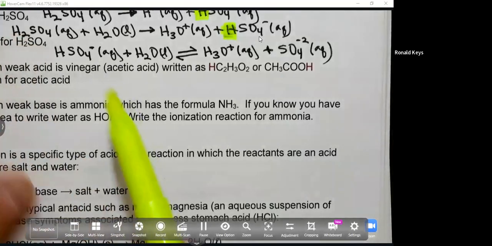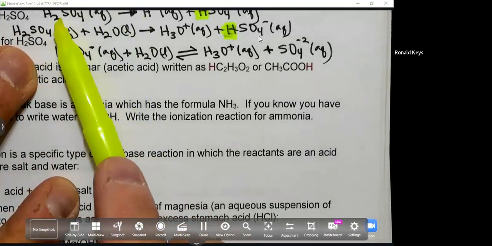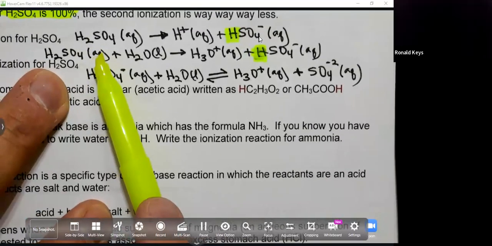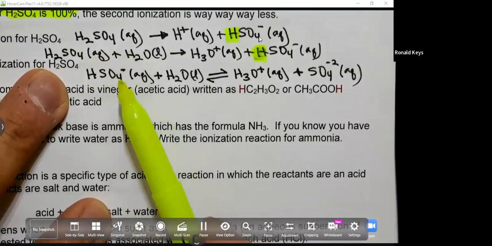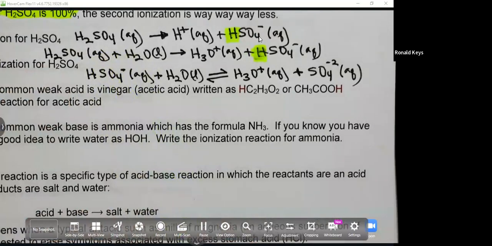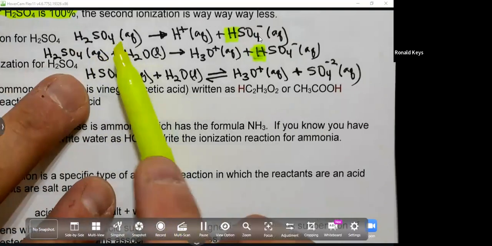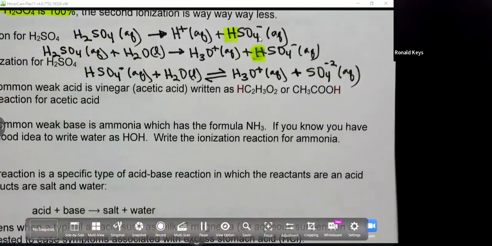Okay. So 100% of these hydrogens come off. This is sulfuric acid. This is battery acid. If you got here today with an internal combustion engine, you used battery acid to start it.